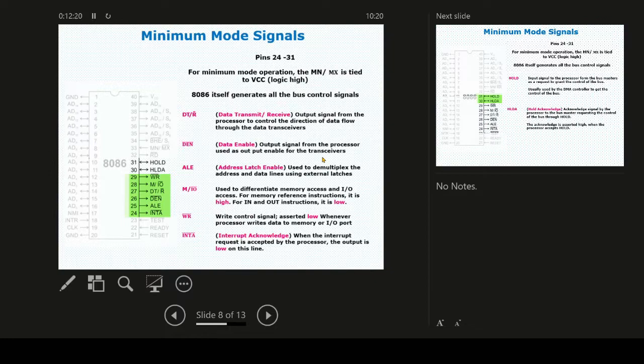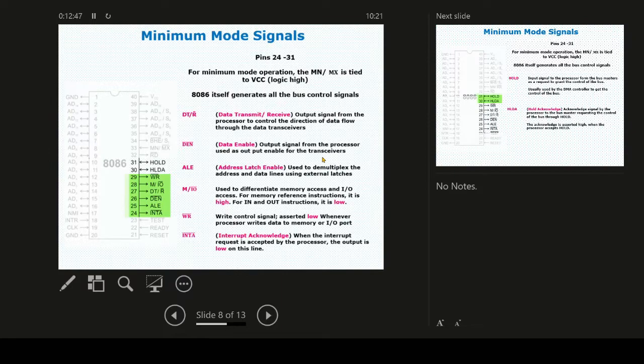Next come the control buses, which form the last three pins, that is M/IO bar, write, and read, which is not included here. How the work is controlled depends mainly on the control buses. There are three conditions mainly.